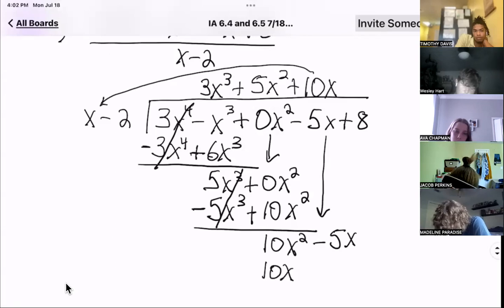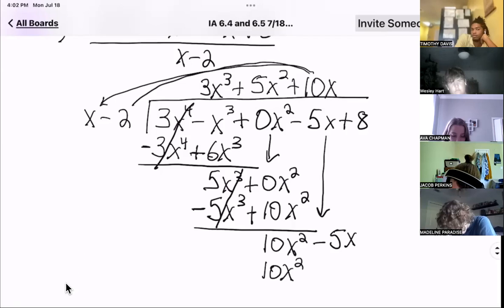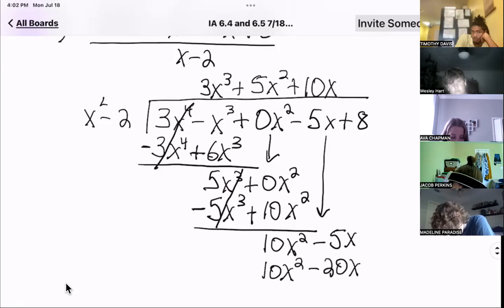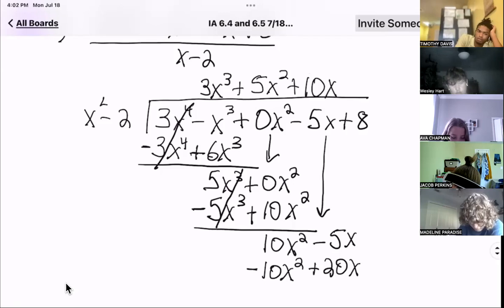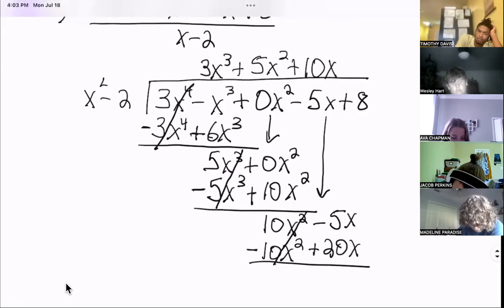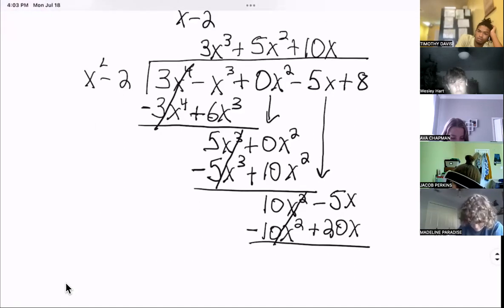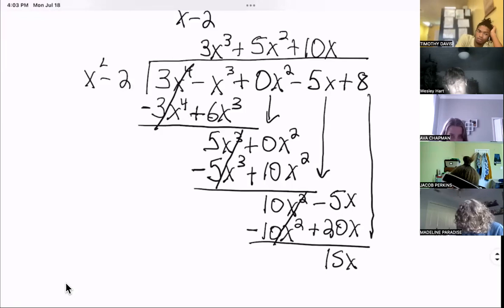I'm only writing these arrows so you can see what I'm doing. 10x times -2 is -20x. What do I do now? I subtract by changing both signs. My 10x squared is going to cancel. And I'm going to add down. I have 15x, and I bring down my last term, plus 8.